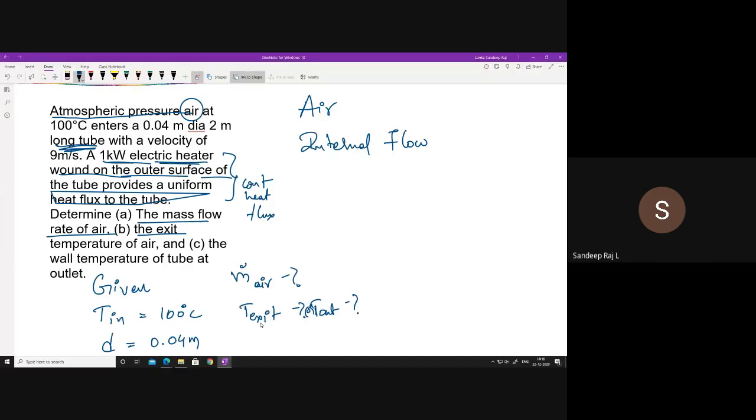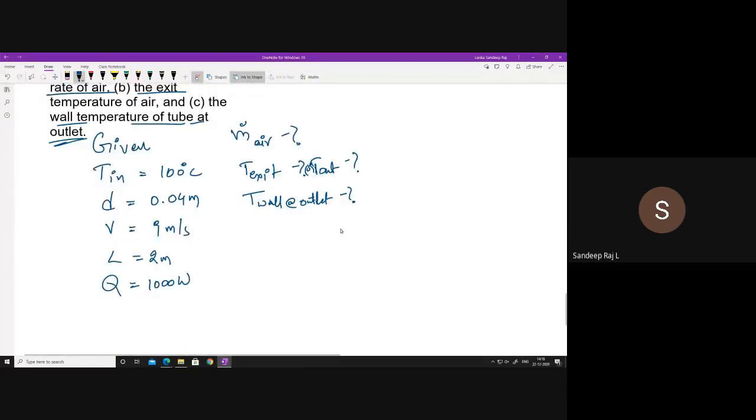And then T wall at the outlet, he's asking. T wall at outlet. This is a bit tricky, I'll tell. So these are the three things he's asking you to find. Once you do all this, next thing to do is find whether the flow is internal or external.